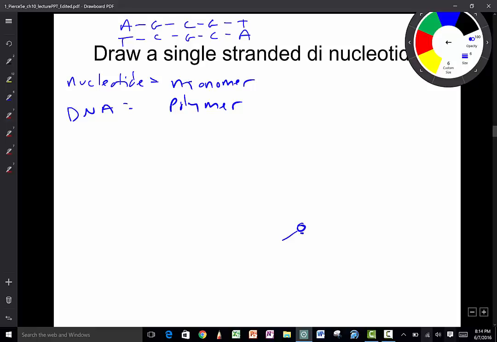Well, we have one nucleotide, make it a deoxynucleotide. Doesn't matter what this is, we can make it an A. And then we have this phosphate here.